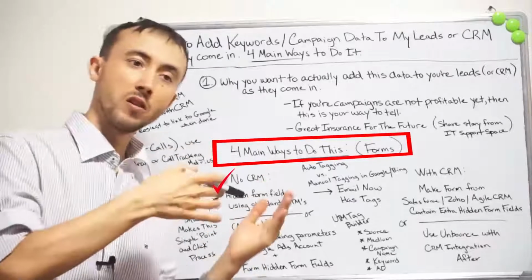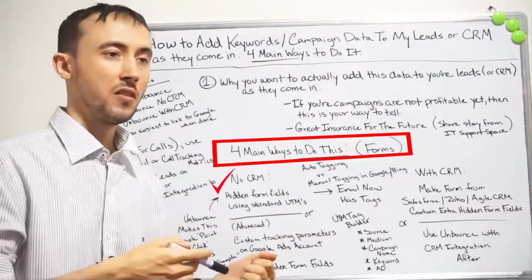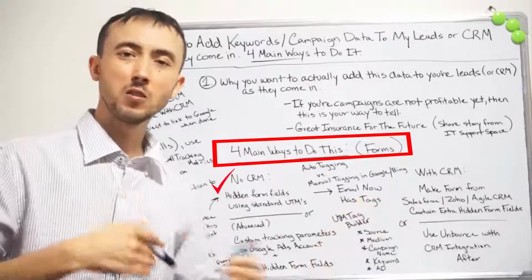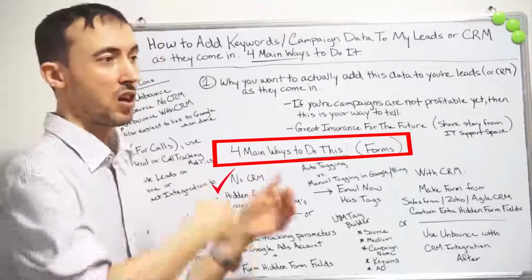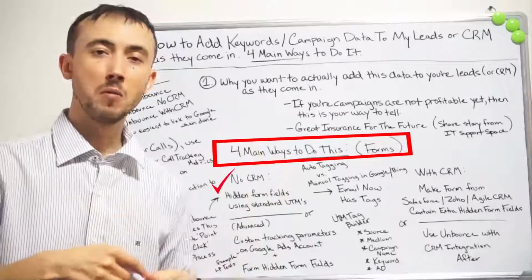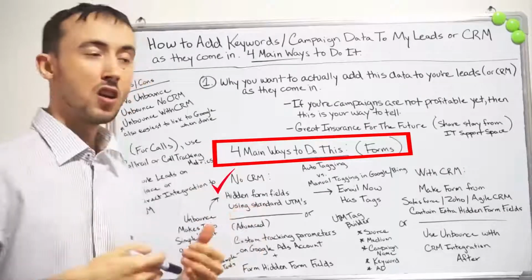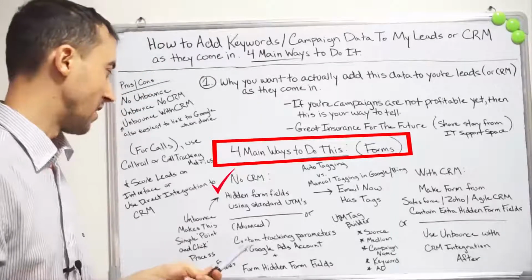Versus if you have forms on your site, you're using an HTML site or whatever, like usual, then you're going to have to change the form. Obviously, there's plugins out there that can make it easy, so maybe you have that, but it'll be more complicated. You may have to understand how to edit HTML form code to be able to collect the hidden form fields. But by and large, you don't have to do anything but add those hidden form fields to your form to be able to collect that data.